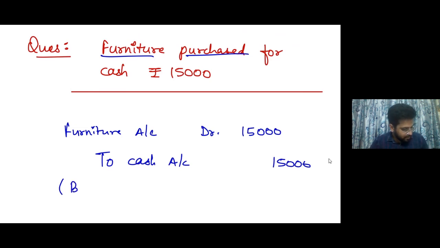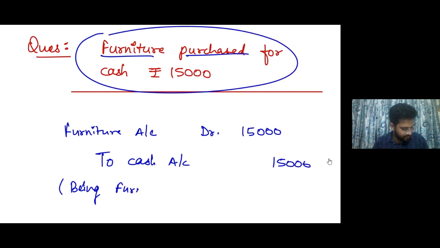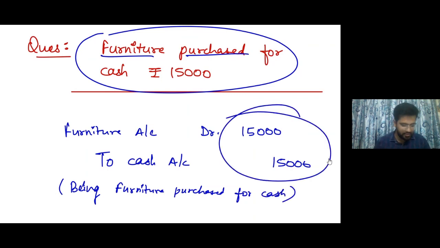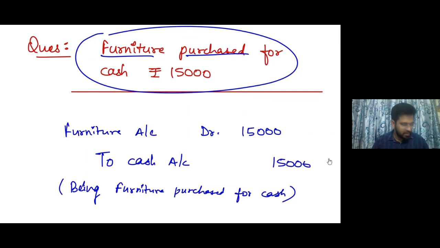It would be: being furniture purchased for cash. Do not write the amount in the narration because it is already displayed in the journal entry itself. Just give a brief description of the entry.